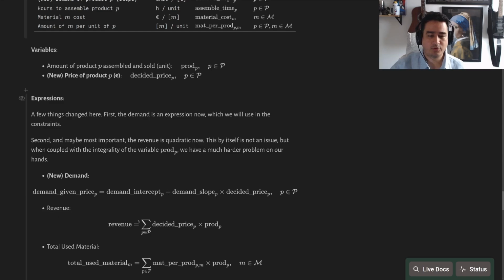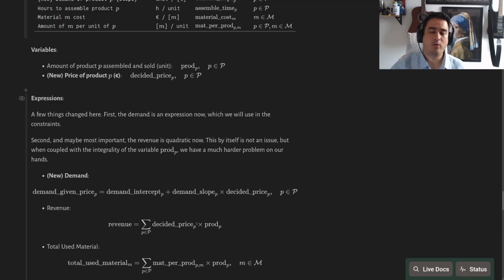And the revenue changed a little bit to be decided price times production. So it's not selling price anymore, it's decided price. And here, this revenue has a variable times a variable. This is nonlinear, and this changes things a little bit.